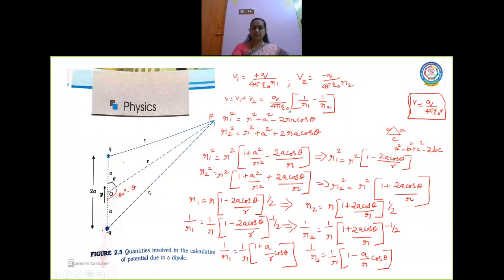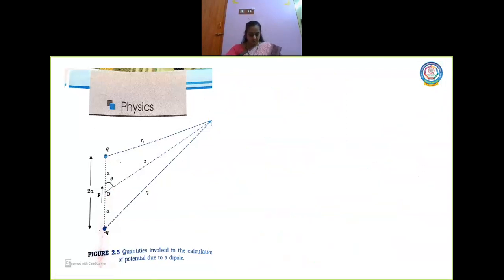So when I substitute, now what will be the total potential? The total potential will be, I'll write once again the formula, V is equal to 1 by 4 pi epsilon naught into q by r1 minus q by r2.